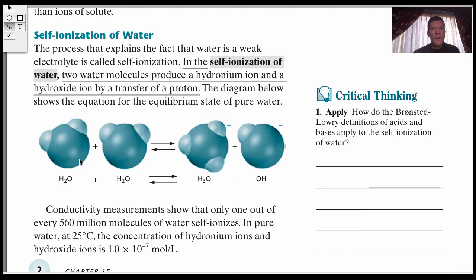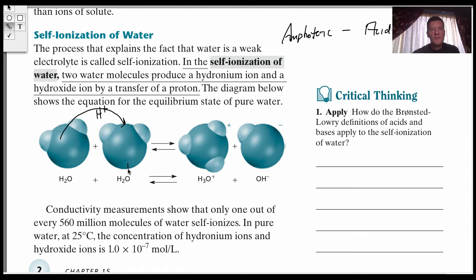Remember also that water is amphoteric. Amphoteric means it can behave like an acid or a base. It can behave like either. Amphoteric means acid or base behavior. So water is amphoteric. So one water molecule is going to act like an acid, and it is going to donate its proton, H+, to the other water molecule.